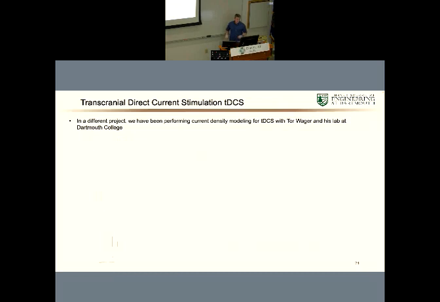Very different from our lab's usual work, where we're mostly detecting strokes and cancer. It's collaborating with Tor Wager over in the brain science department at Dartmouth College, but definitely has some future potential clinical applications. And so I've been doing similar modeling, making all sorts of finite element meshes, and doing all sorts of simulations.